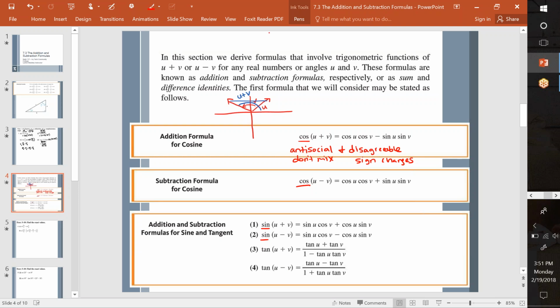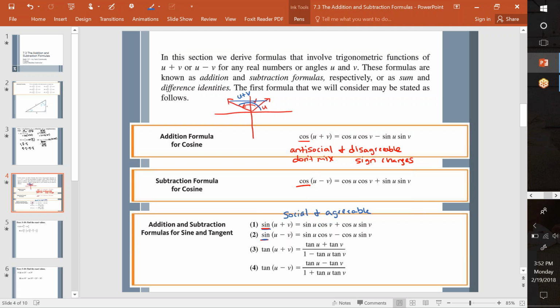Sine, right here, is a little different. Notice that in the sines, the cosines and sines are mixing together. So for the sine of u plus v, those are two angles. It's sine of u times cosine of v plus, so it keeps its original sign, cosine of u times sine of v. So sine is social and agreeable, because social means that the sines and cosines are mixing together.